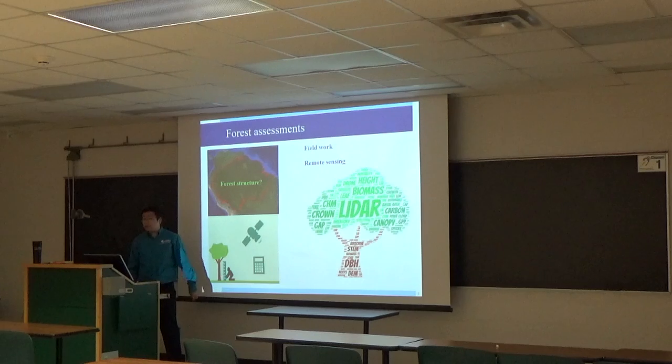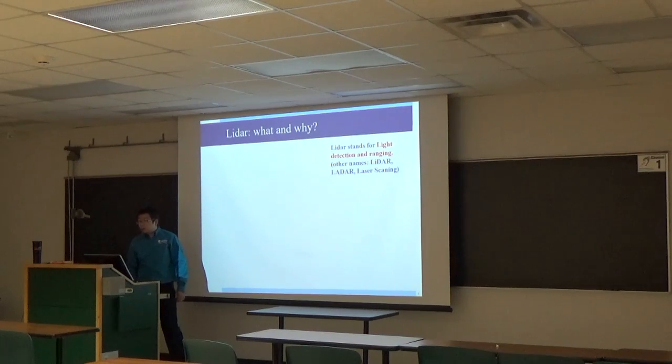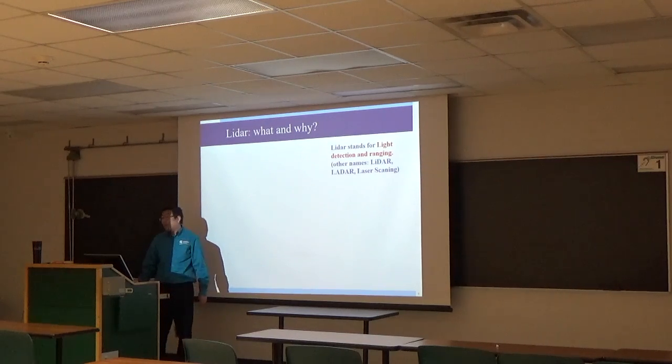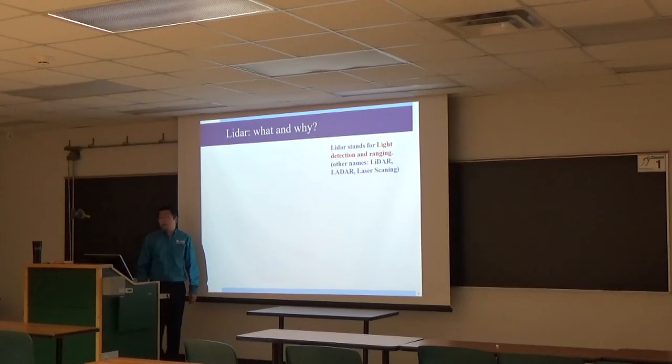Don't worry about this figure right now, I will give more details later. So what is LiDAR? LiDAR stands for light detection and ranging. You can also write it in different ways, like laser detection and ranging, and some people call it laser scanning.